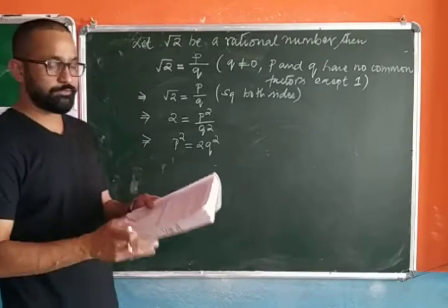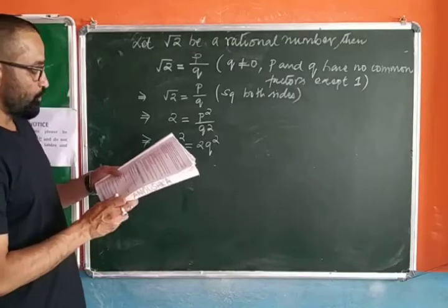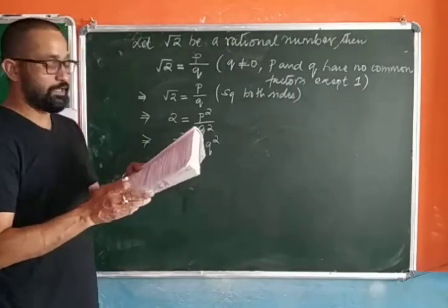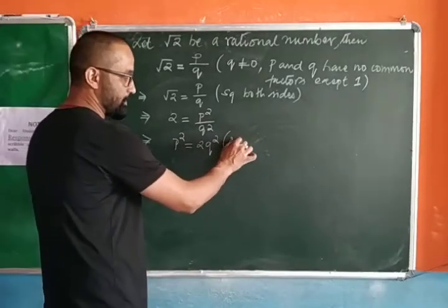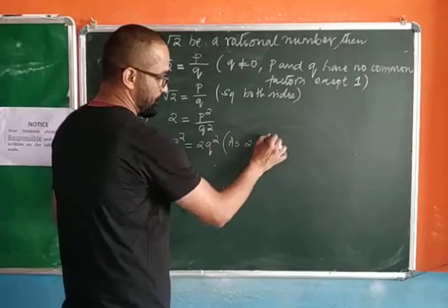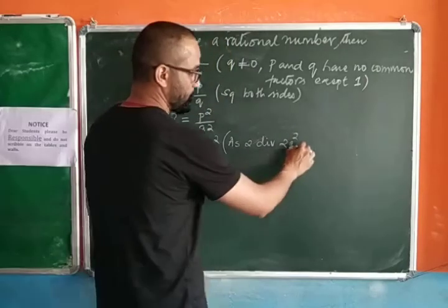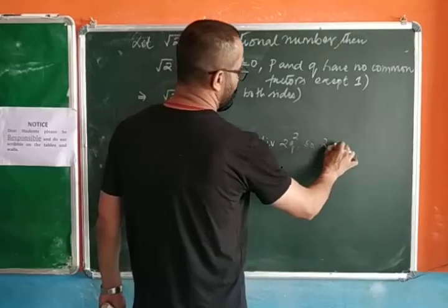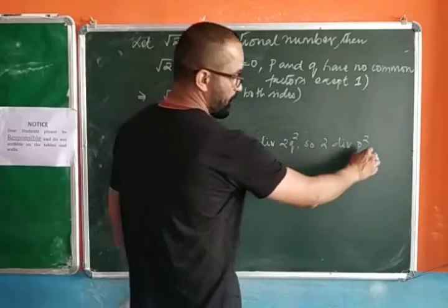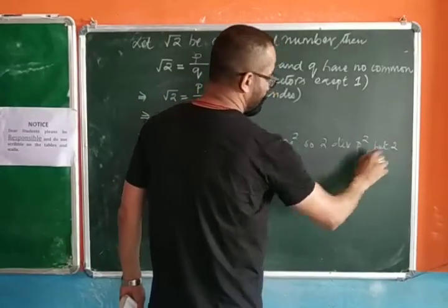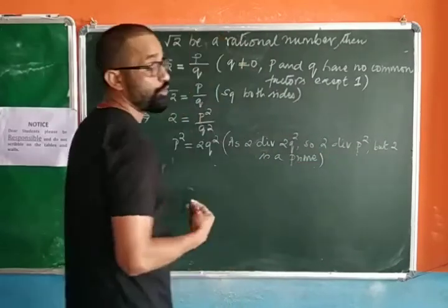When we get this, look at this part. We can make a simple assessment and remember this: 2 divides 2q squared. So 2 divides p squared. 2 is a prime number.